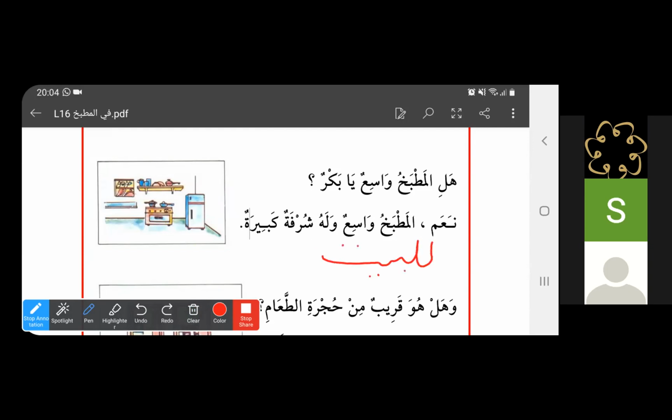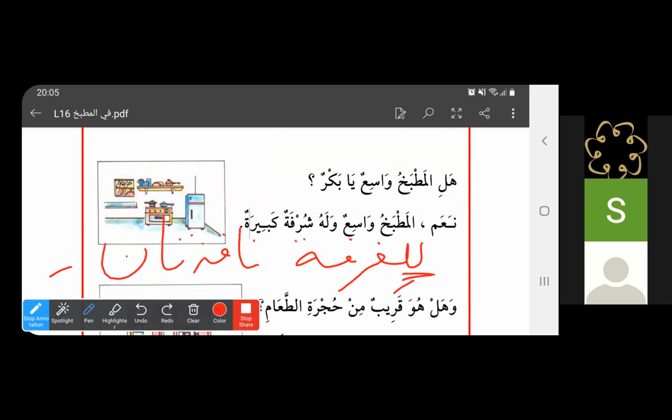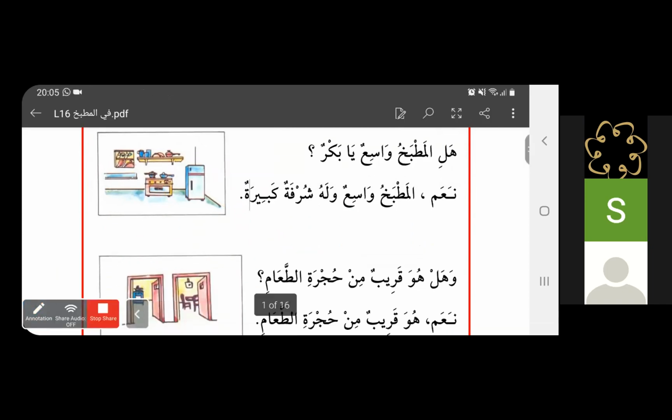All right, or 2 entrances. للبيت مدخلان. مدخل and مدخلان. 2. All right. And let me give you another example. The room has 2 windows. للغرفة نافذة and نافذة نافذتان. All right, so لي means it has. The room has. طيب, أحسنتي.